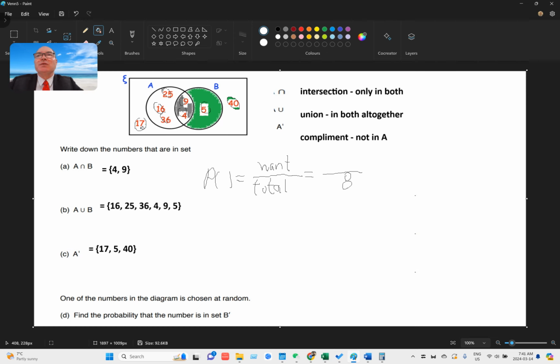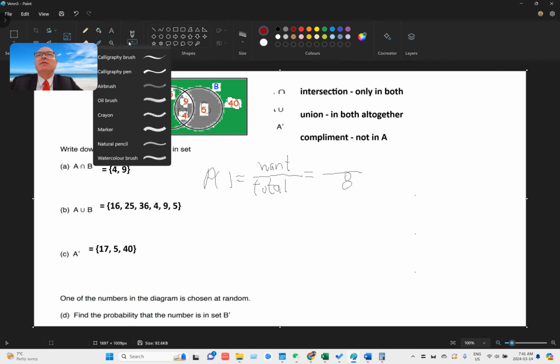Okay, we're going to do the same thing again. I need to block out B. There's B, right? And what's not in B we're going to highlight in green. And now I'm going to count those. Let's just smudge this up a little bit. Yeah, why not?